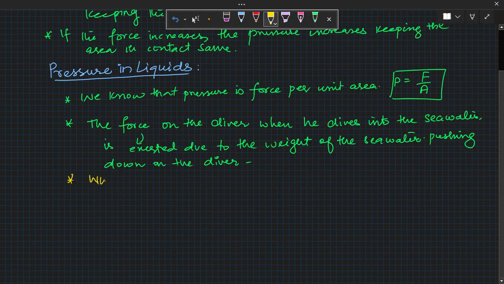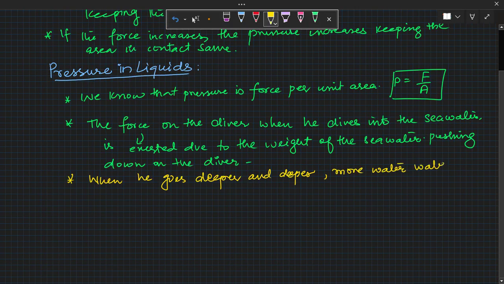When he goes deeper and deeper, there is more water above the diver, which exerts greater force, right?